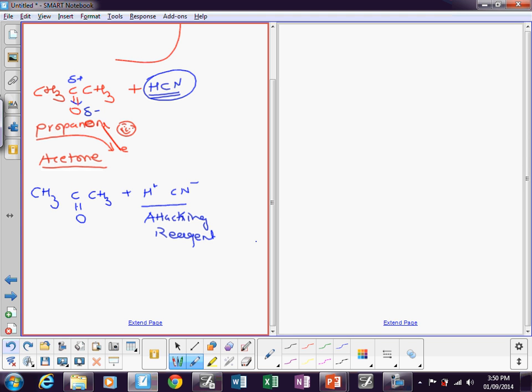Since this pair was being pulled, I may write partial negative and partial positive. Now, in the presence of this, particularly cyanide, which is a negatively charged species, and normally negatively charged species are known as nucleophiles.